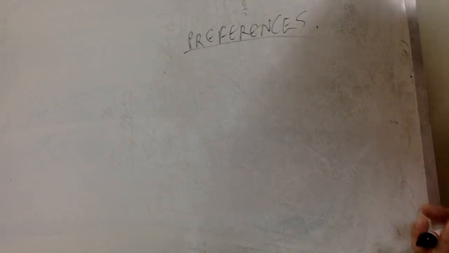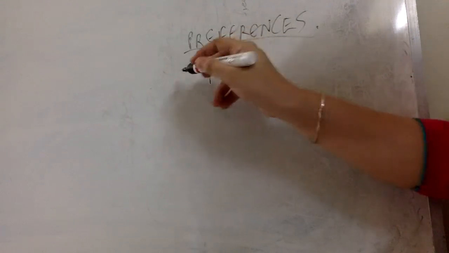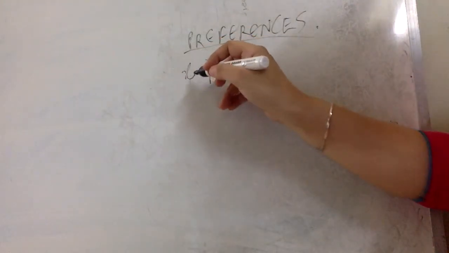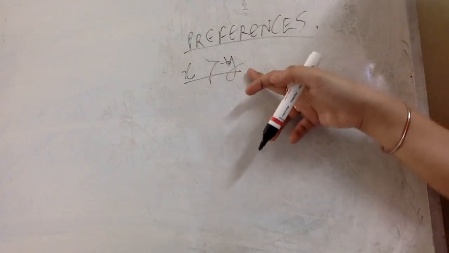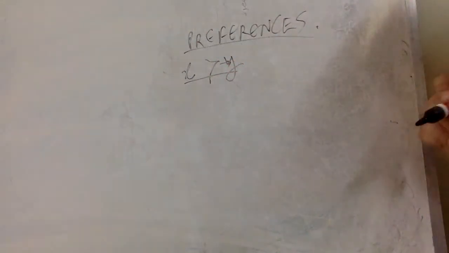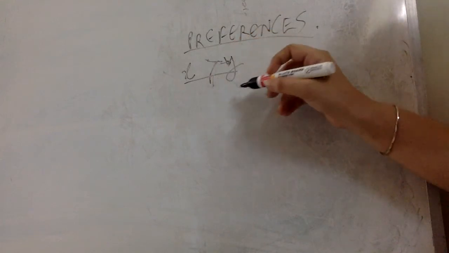When I explain preferences, what do you understand by this? The simple symbol denotes preference. Suppose I represent x with this symbol to y, it means x is preferred to y. Understand this thing? If there is a strict preference, there is just this symbol.